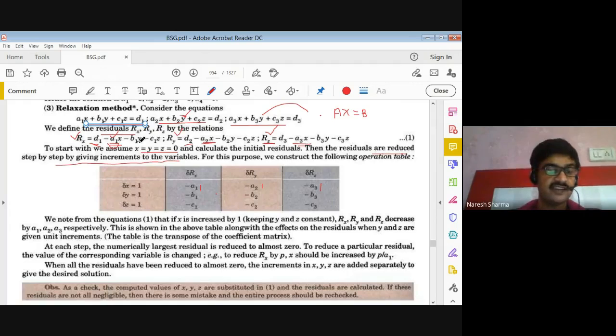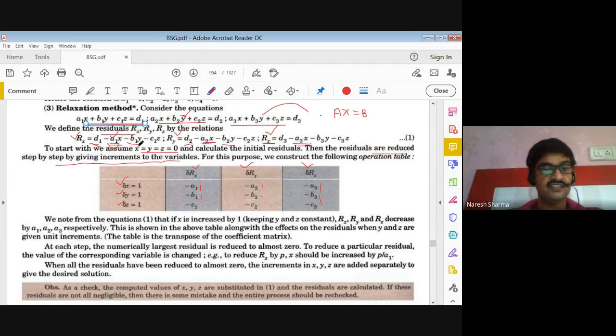Similarly, if we change y, rx decreases by minus b1, ry decreases by minus b2, rz decreases by minus b3. So this is a table we will write when you change x by 1 unit, y by 1 unit, z by 1 unit, the corresponding changes in rx, ry, rz are these values.